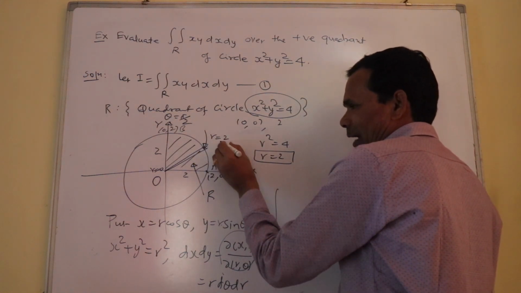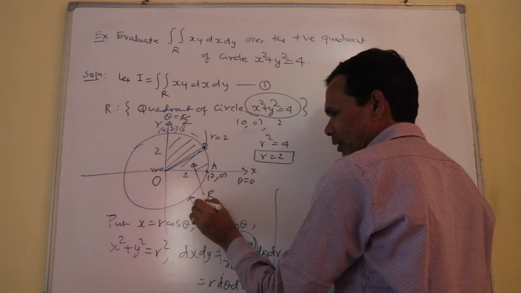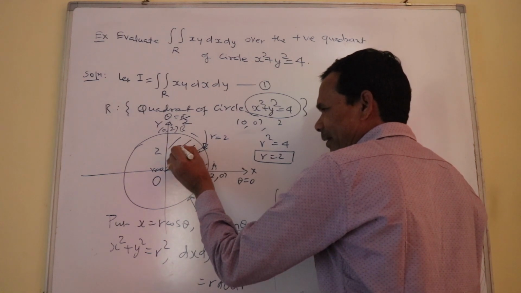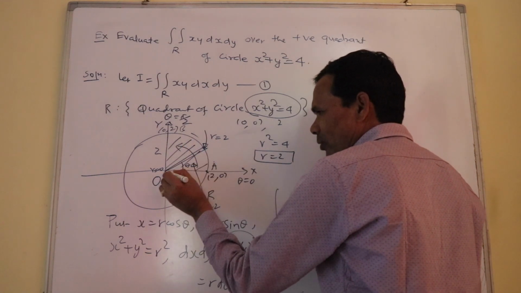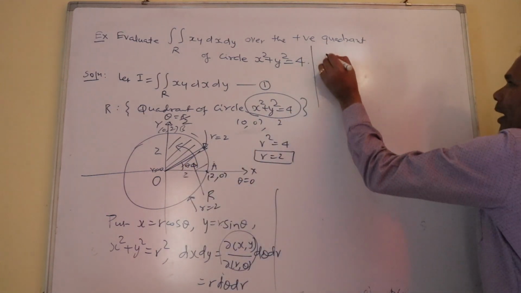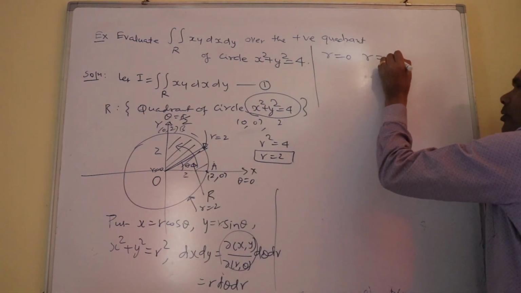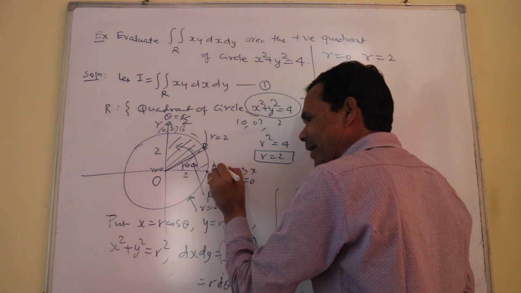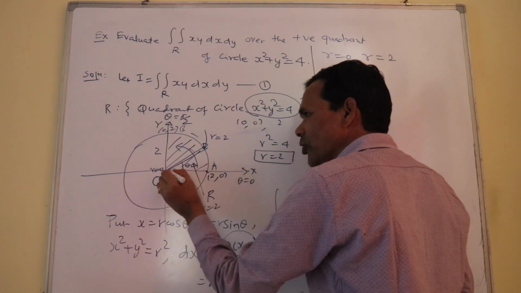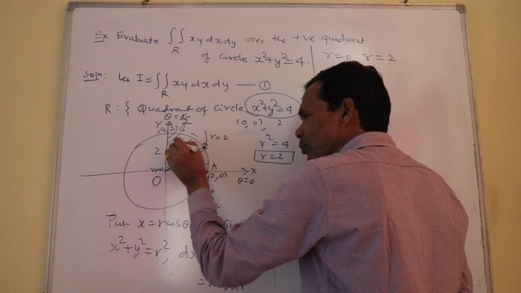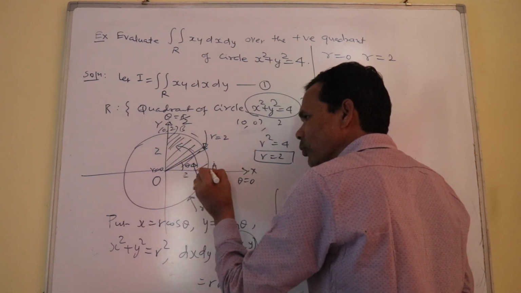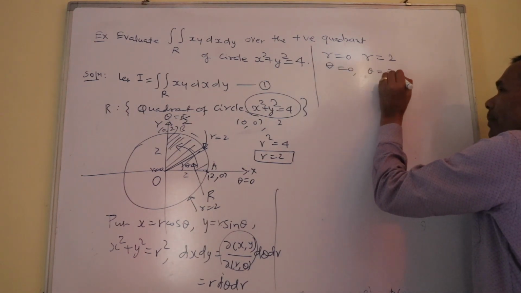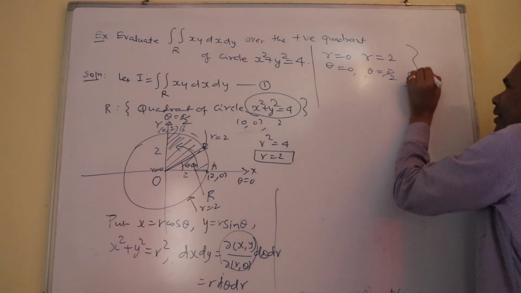This is the equation of the circle, and you have to move this strip in the anti-clockwise direction. So radially r varies from r is equal to 0 to r is equal to 2, and theta goes anti-clockwise. This is the theta is equal to 0 position, and this is the theta is equal to pi by 2 position. So you have to move this strip from this position to this position, meaning theta is equal to 0 to theta is equal to pi by 2. These are the limits for region R.